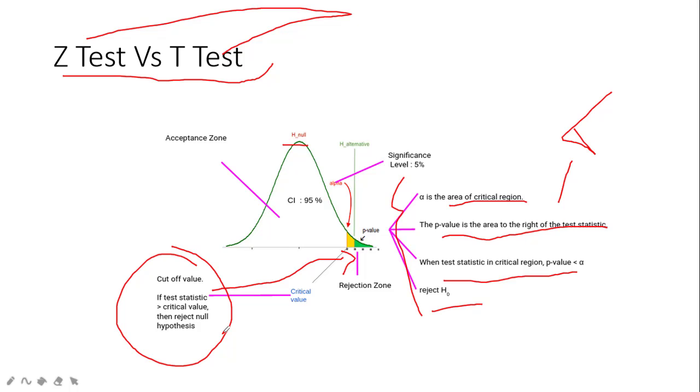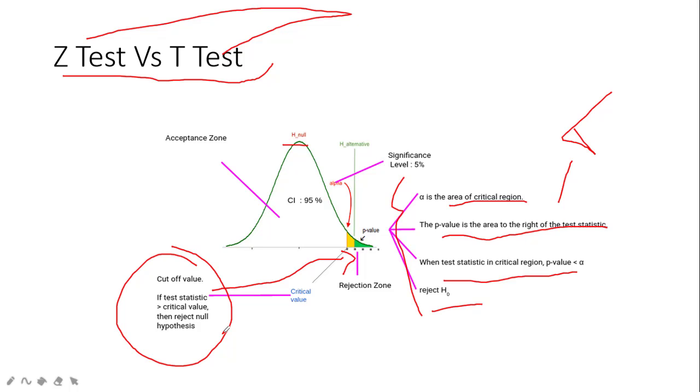The t-test is also used to test hypotheses, and is useful for determining statistical significance. If you have a smaller sample size, less than 30, we use the t-test. That is the main thing.